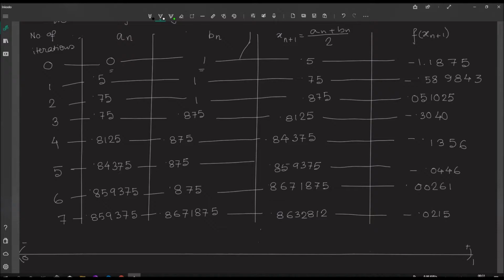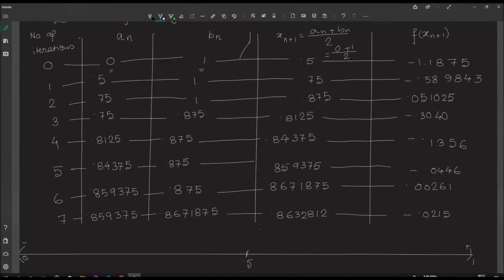Proceeding with the same thing, we have bisected the range. That is 0.5 we have got, that means 0 plus 1 by 2. So from 0 to 1 we have completely bisected, and the result we found is 0.5.